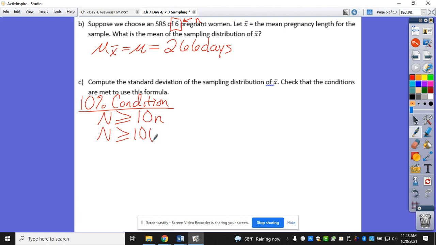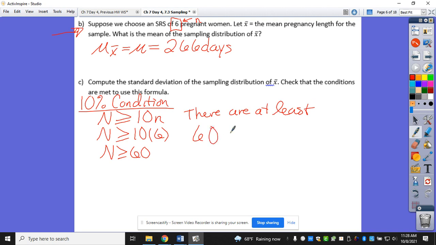It was embedded in part B. So capital N has to be greater than or equal to 60. So there are at least 60 what? And that's kind of a weird one to say. It actually talks about human pregnancies at one point, and it's not necessarily that are pregnant, but that have been. So I would be pretty lenient with what you put there as long as you're saying the right thing.